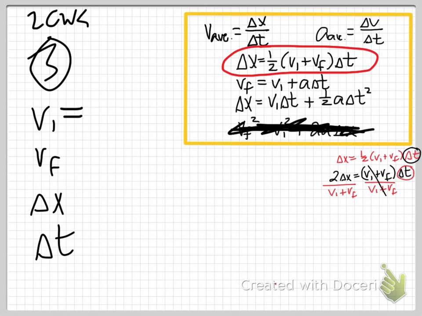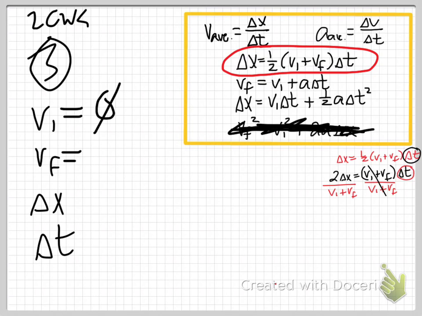Starts at rest. What's VI? 0. And they do this all the time. Starts at rest or comes to rest, and that's where you have to automatically tie that to being 0. Okay, you good with everything else? Was that the hard part? It always is. Yes, ma'am.